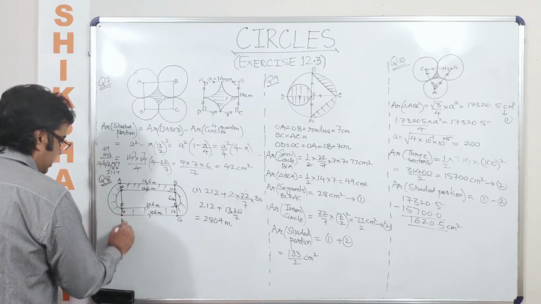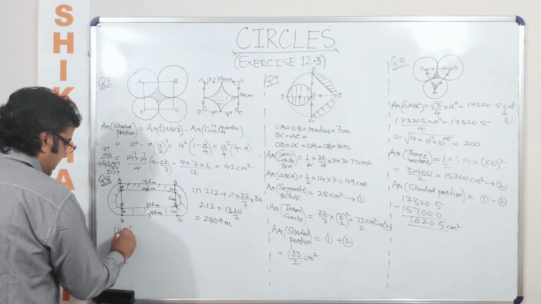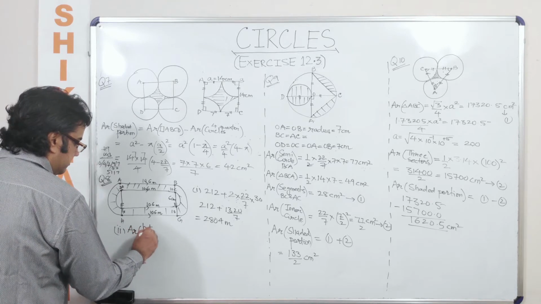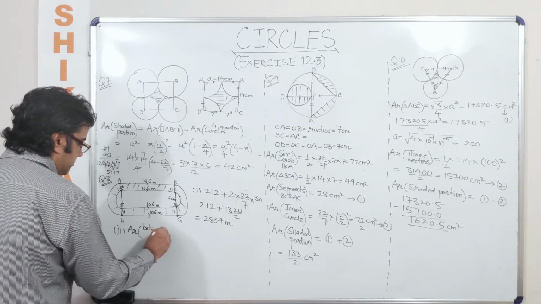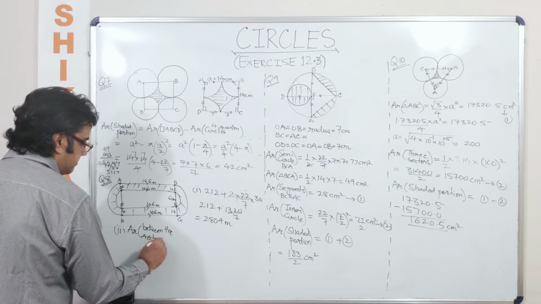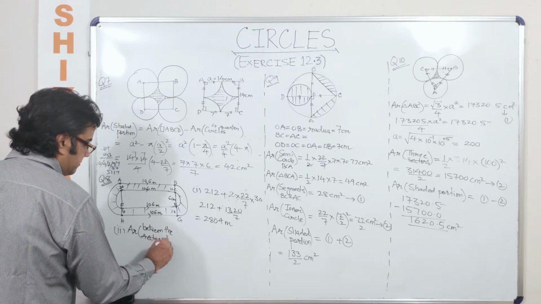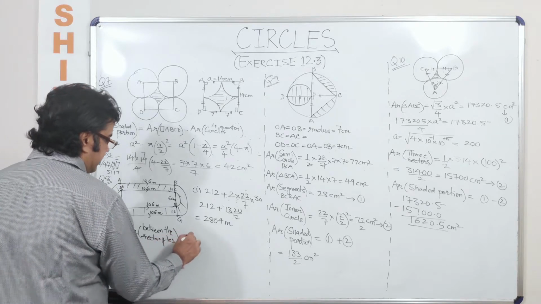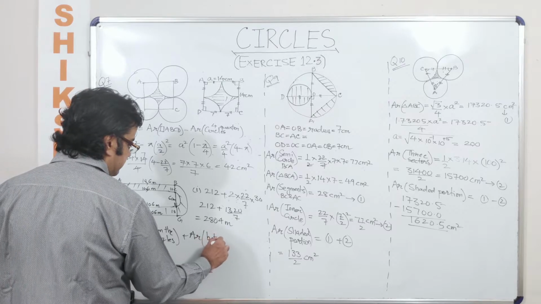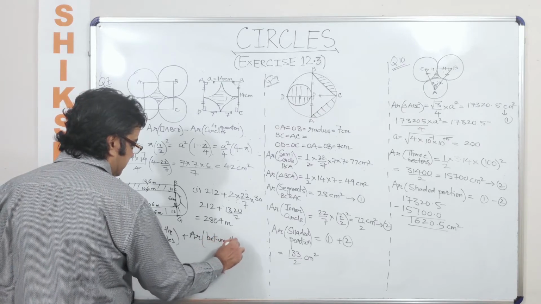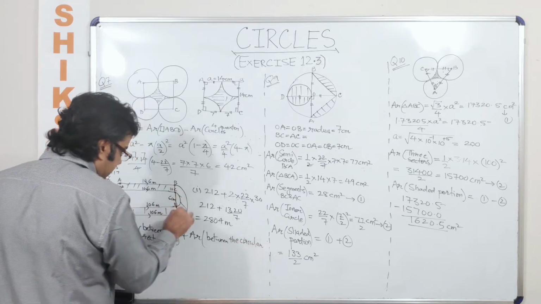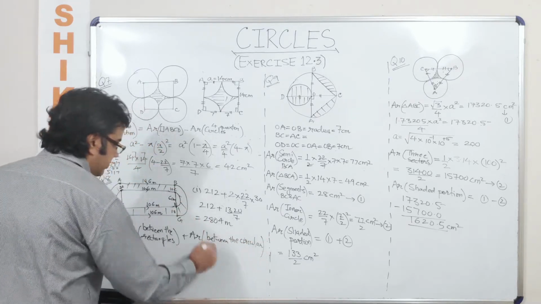So first, the area of the shaded portion will be the area between the rectangles, plus the area between the circular tracks. This part we are talking about is the circular part of it.